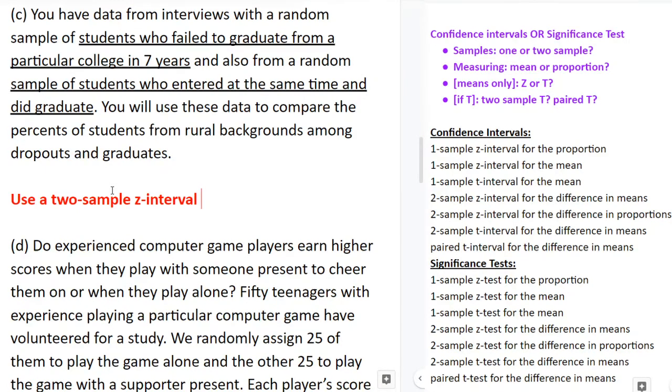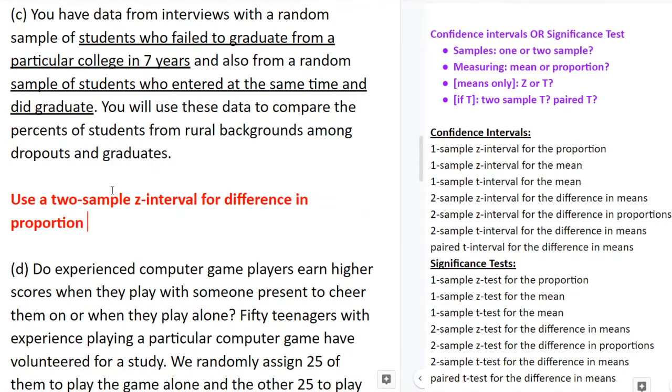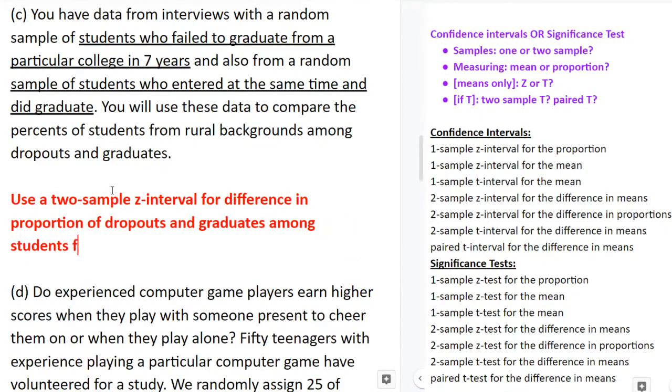So this is a two sample Z interval for the difference in proportion, and in this case it's between types of dropouts and graduates from rural backgrounds. This should be for the difference or a difference.